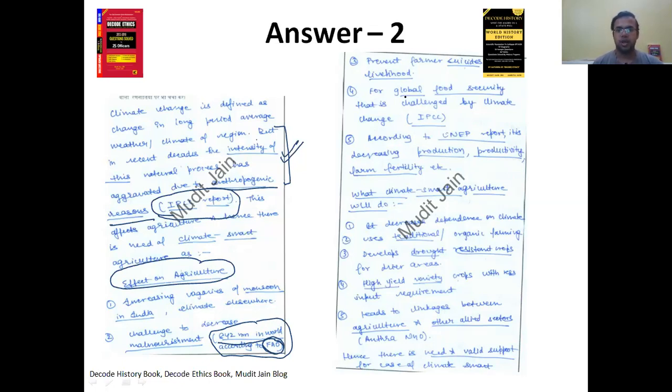So I've mentioned IPCC, I've mentioned UNEP, and then in the second part, what climate smart agriculture will do, I mentioned general points, and then I mentioned Anthra NGO. This I told you in the previous sessions as well, that keep a list ready. You can always use such bodies as well.